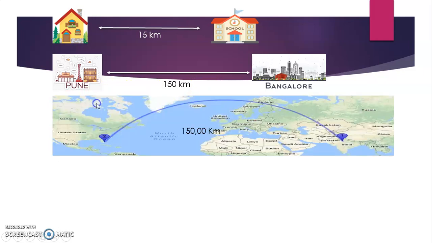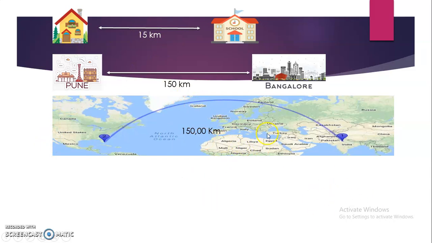The distance between two countries, like India and United States, is approximately 15,000 kilometers. This is somewhat easy to write, but see, the distance is increasing. If you see any other place even farther from the United States, the distance will increase further.